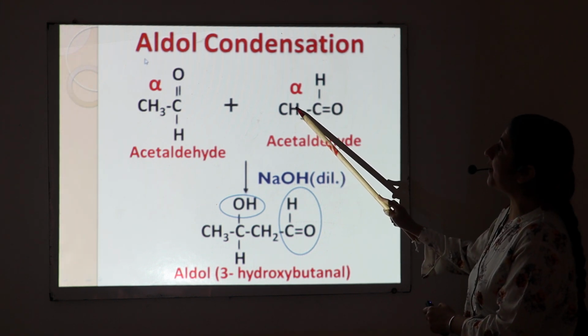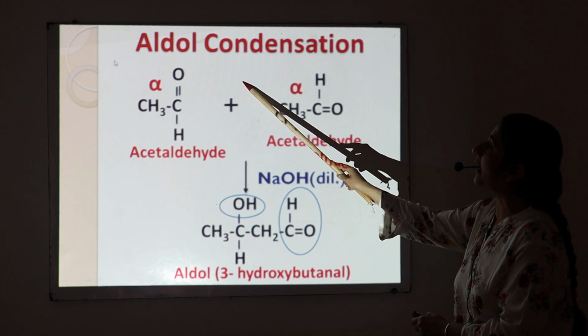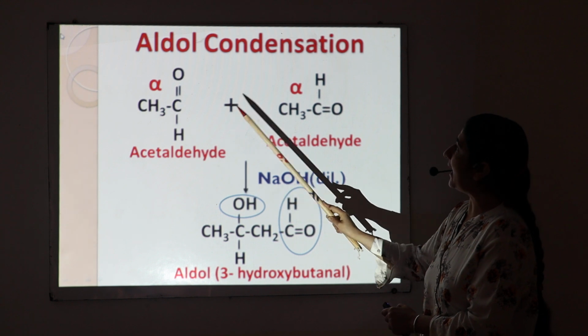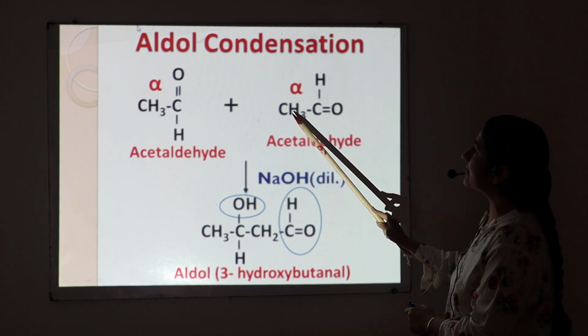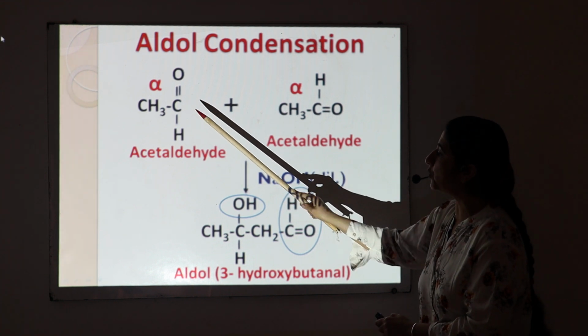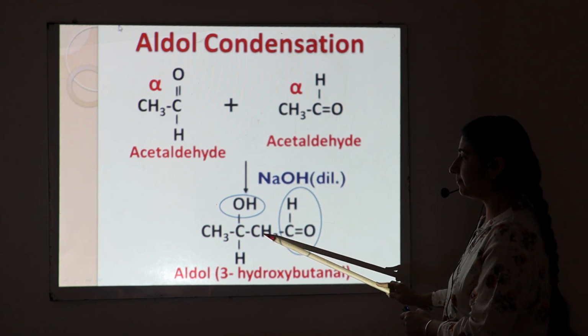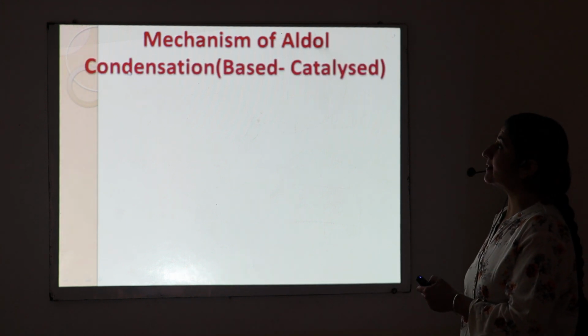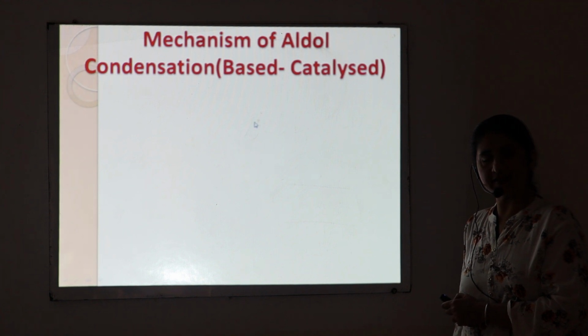This alpha hydrogen migrates to the carbonyl oxygen of the other aldehyde molecule, and the remaining part, CH2CHO, is linked to this carbon atom through a single bond to form aldol.